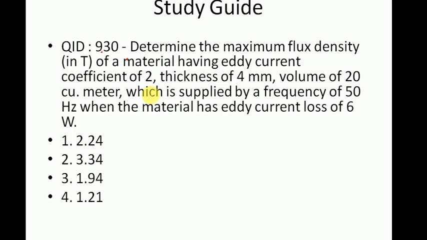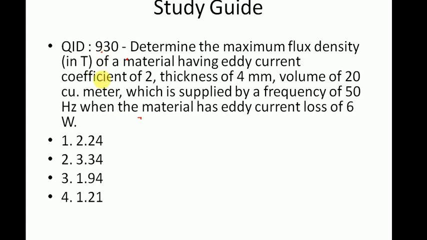The question says: determine the maximum flux density in Tesla of a material having eddy current coefficient of 2, thickness of 4 mm, volume of 20 cubic meter, which is supplied by a frequency of 50 Hz, when the material has eddy current loss of 6 watt.